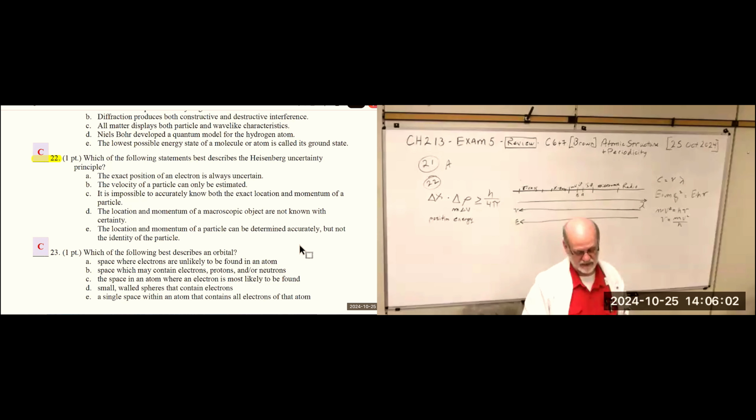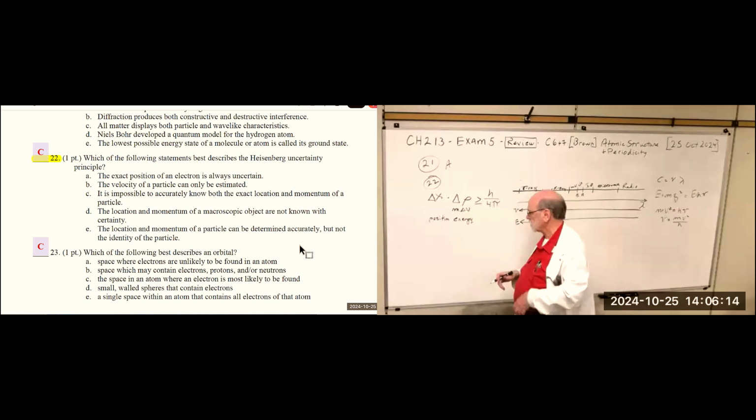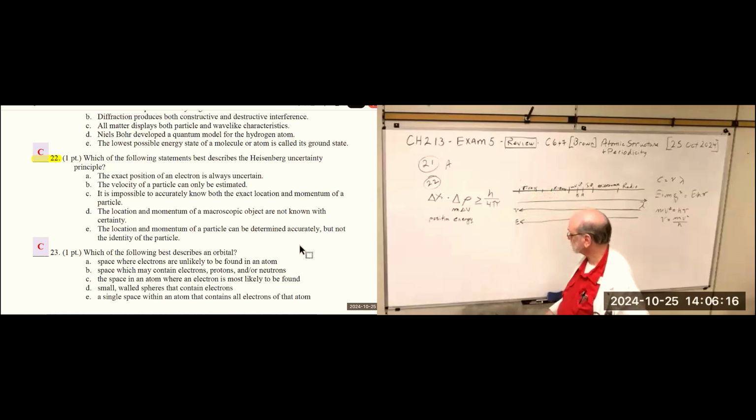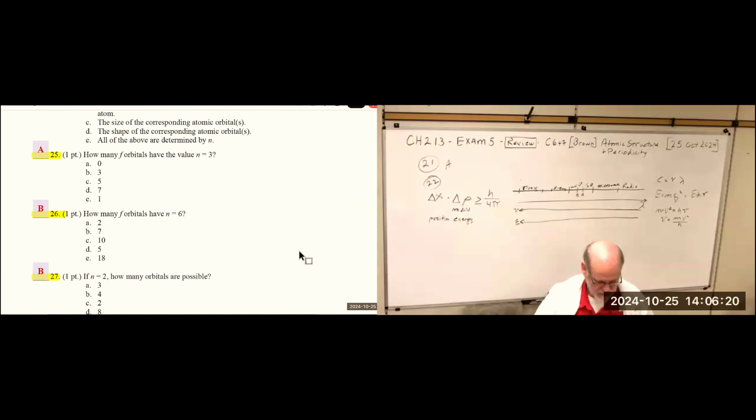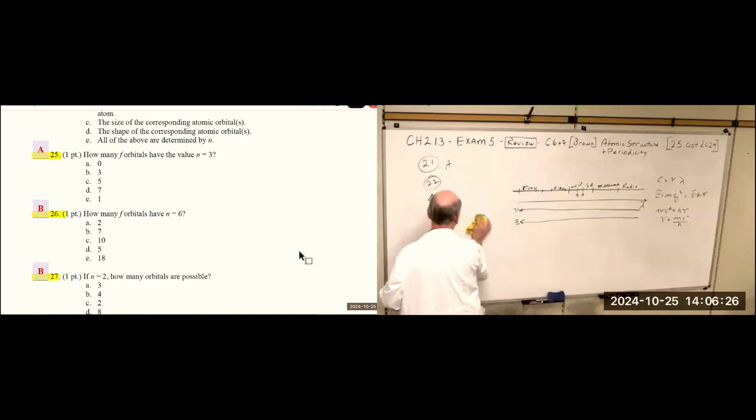How about C? That looks like it fits. It's impossible to accurately know both the exact location and the momentum of a particle. This is momentum. That's the Greek letter rho. Okay. Ooh, we're getting into some electronic structures here.